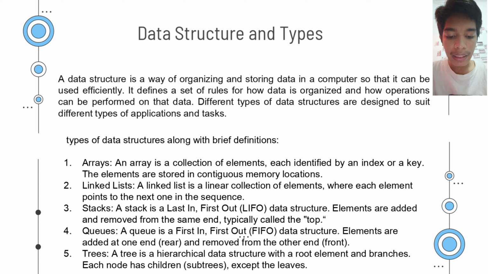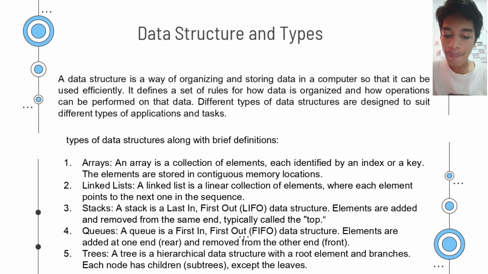It defines a set of rules for how data is organized and how operations can be performed on the data. Different types of data structures are designed to suit different types of applications and tasks.